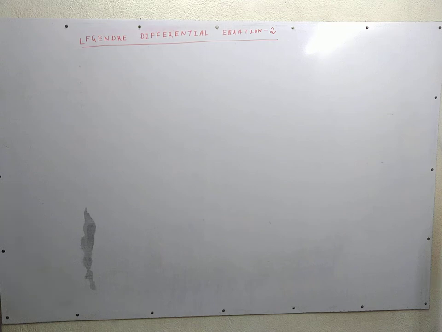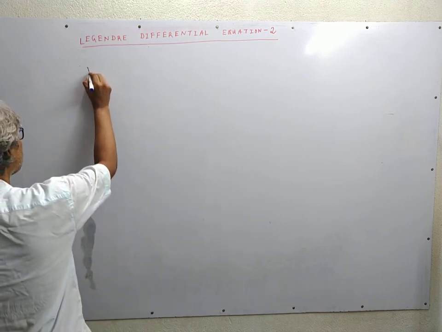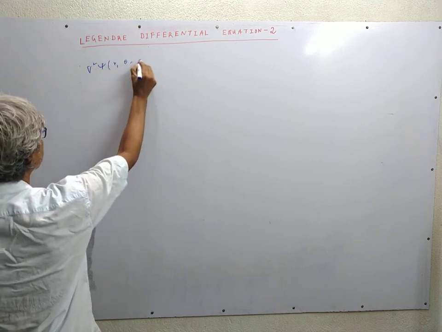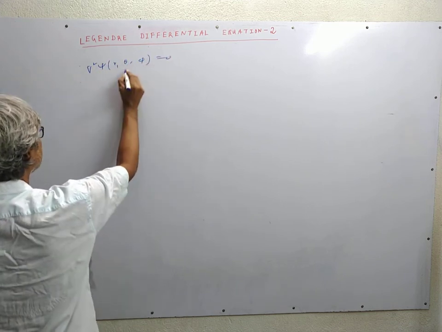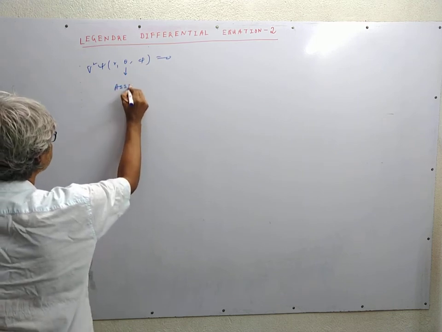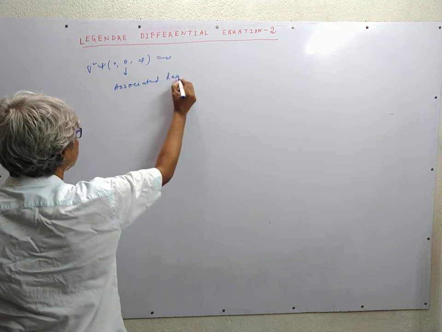In the first class on Legendre differential equation, we stated that the Legendre differential equation arises when one solves Laplace's equation in spherical polar coordinate system. Then the theta equation leads to the associated Legendre differential equation.